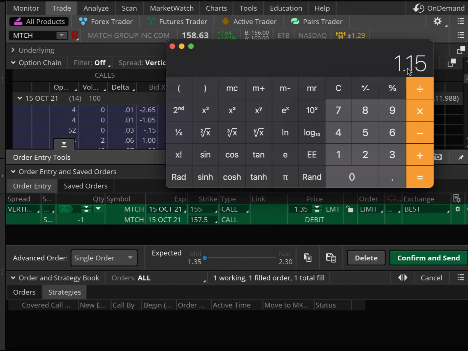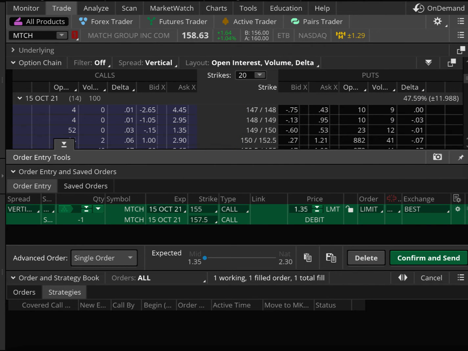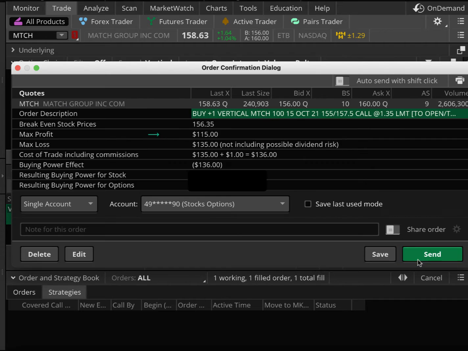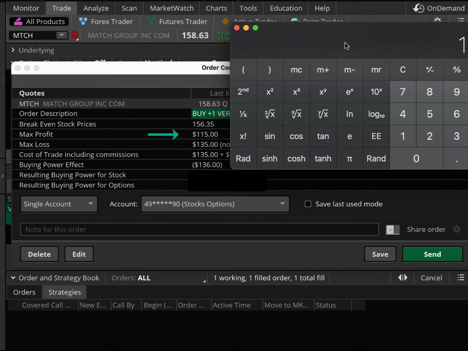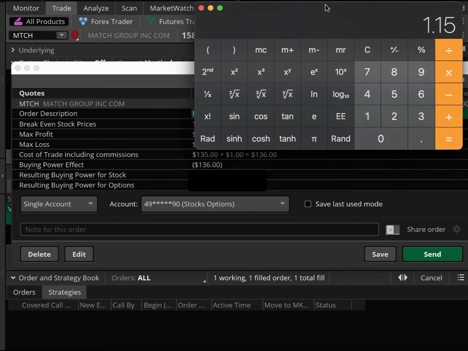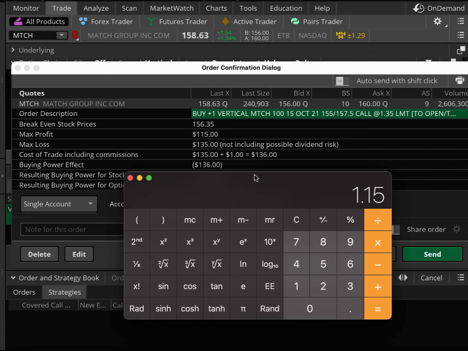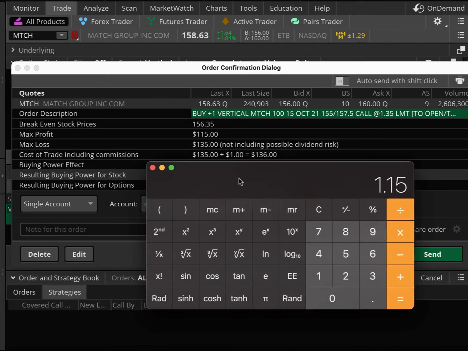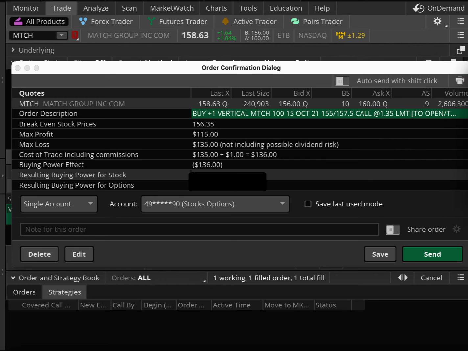But since it's 100 shares, the maximum profit is $115. Now let's see if that matches up with the thinkorswim calculation. Yeah, absolutely. There's the $115 that we calculated, right here. So that's how you do a debit spread.